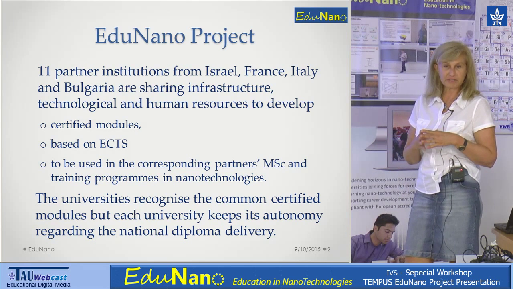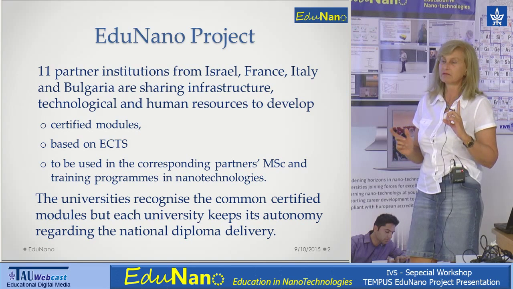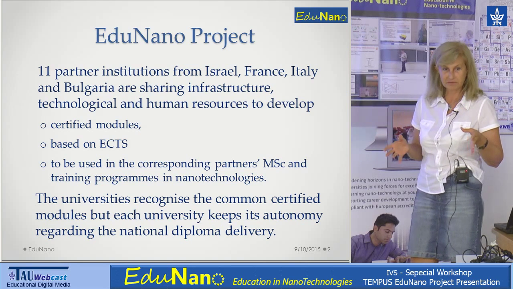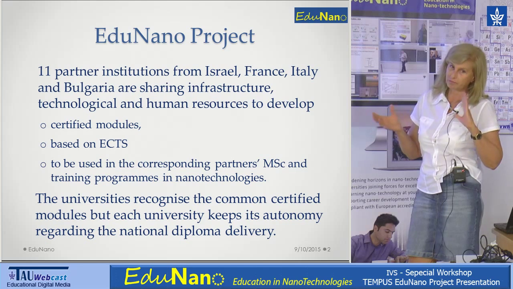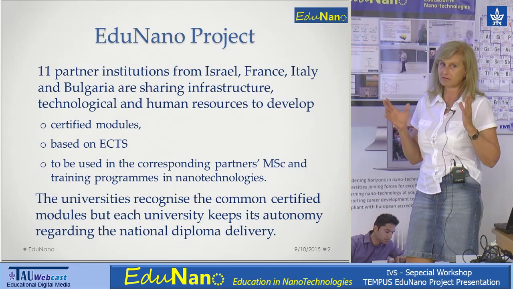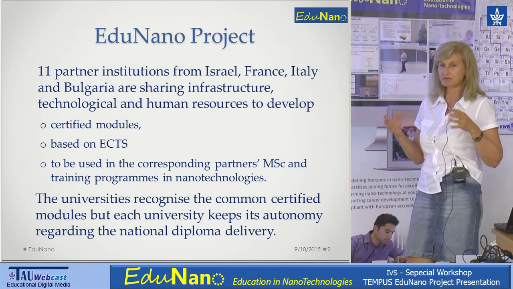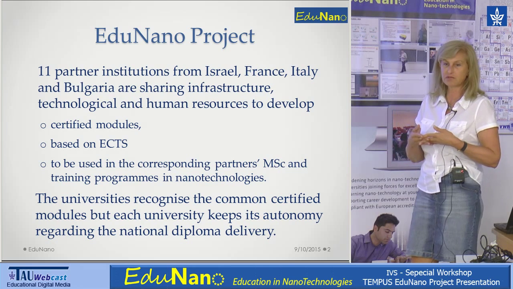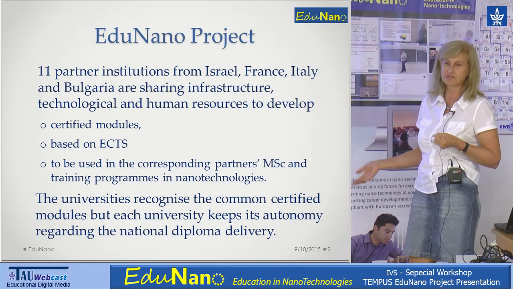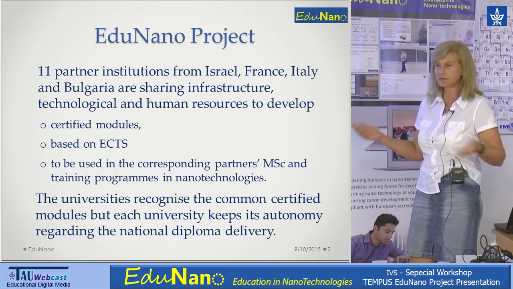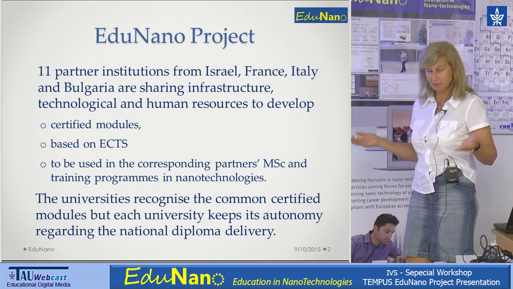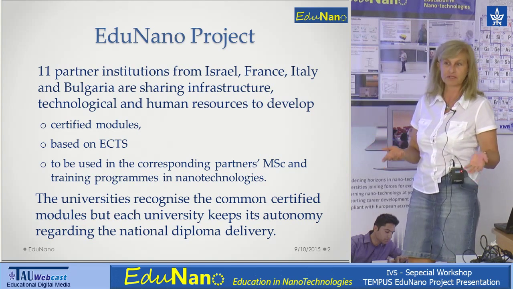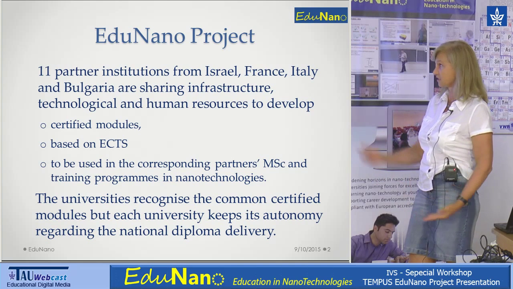These are not competencies of only one department, not even one university can deliver successful education in all nanotechnologies. This is physics, chemistry, biology, and applied sciences such as nanoelectronics and so on. So this is very revolutionary.